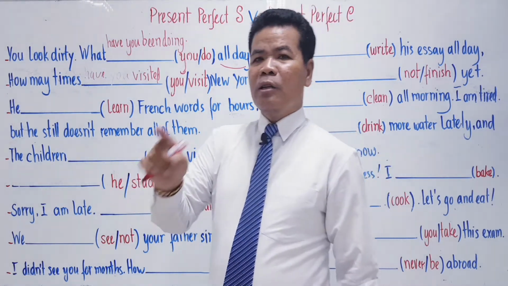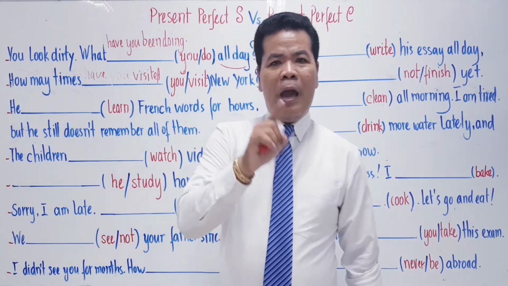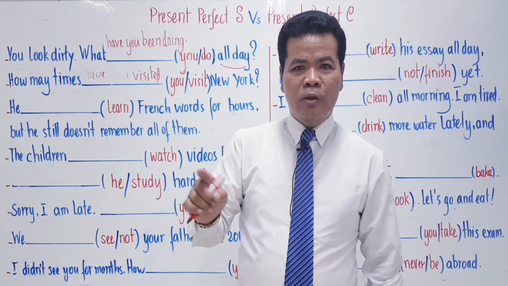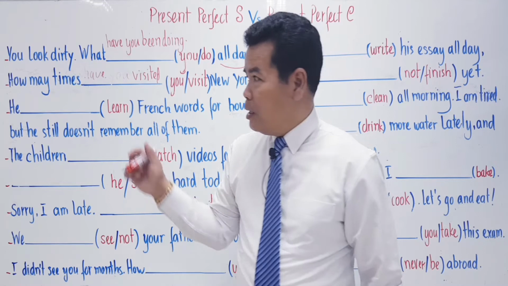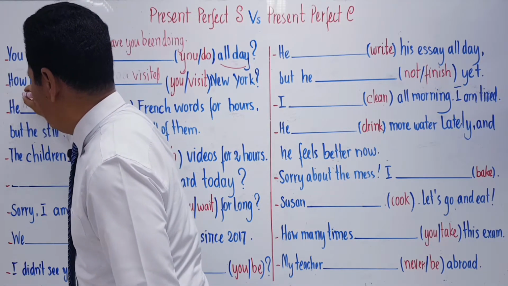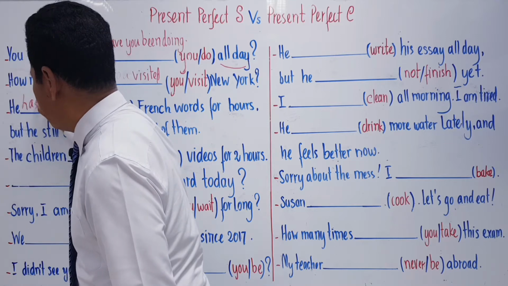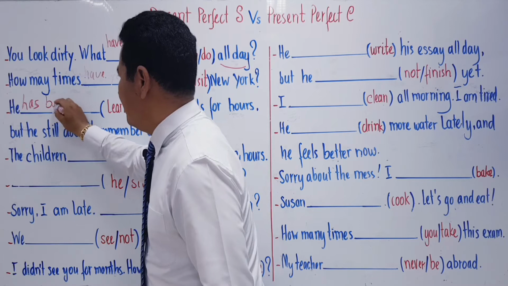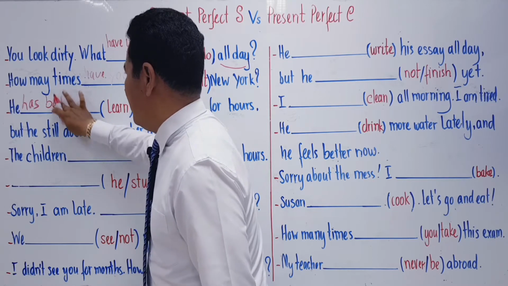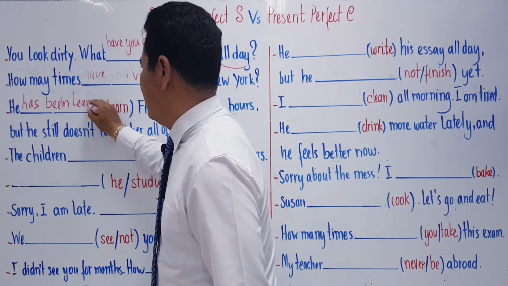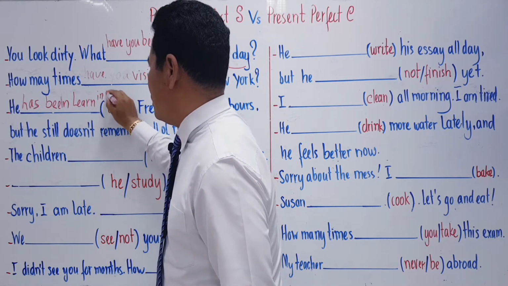So he is the subject. We have got the first helping verb, have or has. So what do you choose? You choose has. Okay? So he has, right? He has, and then has what? Been. Okay, been, learn, plus ing.